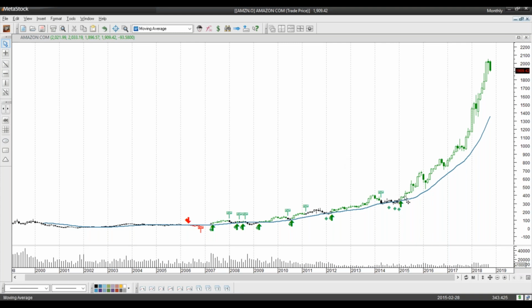For example, I'm sure you've noticed that when there isn't a trade on, the bars are black and white. But if you're in a long trade, all the bars are painted green. And if you're in a short trade, all the bars are painted red. That's for a very specific reason, to help keep you disciplined and not get scared out of that trade.